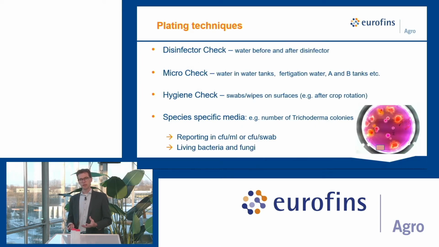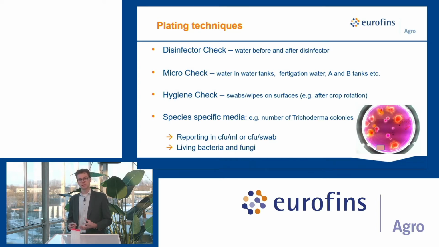If we look at the plating techniques, we have a specific disinfector check. So before and after a disinfector, we take a sample and we can detect the fungi and bacteria in the water. The micro check, on another place in the greenhouse, we can analyze the water, like water in water tanks, or the fertigation water you can send to the laboratory, or the A and B tank solution.